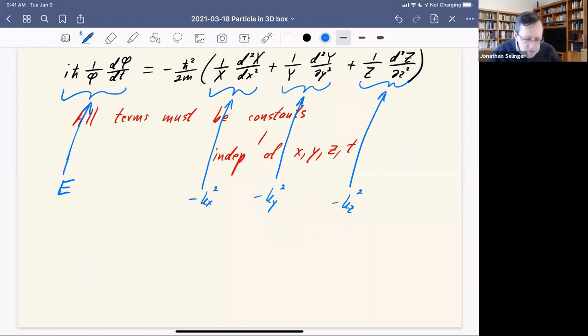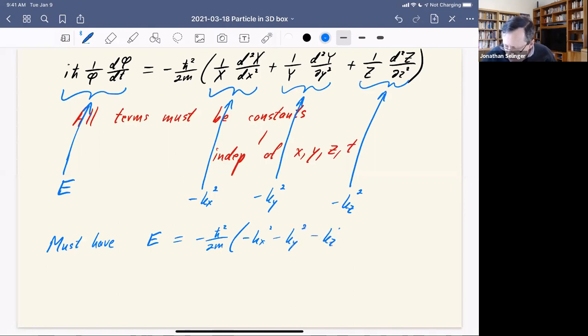And then we must have a certain relationship among the constants. We must have that E is equal to negative h bar squared over 2m times negative kx squared, minus ky squared, minus kz squared.